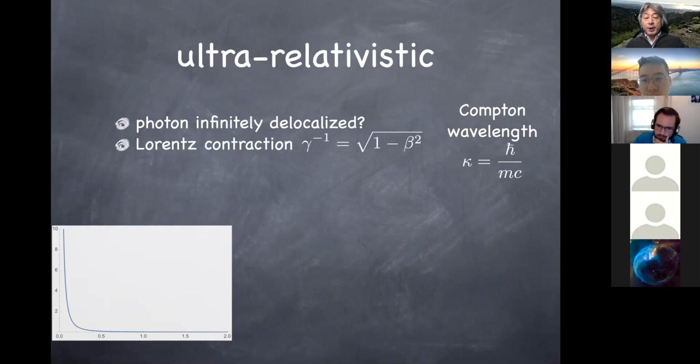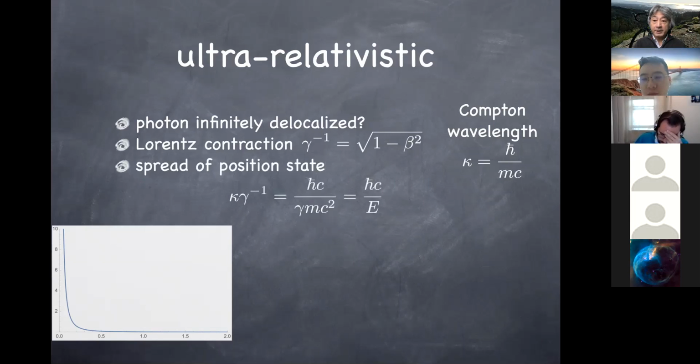The reasoning is in some sense interesting. When you go to a relativistic speed, everything is Lorentz contracted by a factor given by gamma, which is the square root of 1 minus v squared over c squared, right? So everything is contracted and becomes sort of pancake-like. So the spread of the state in position space also gets Lorentz contracted by a factor of gamma.